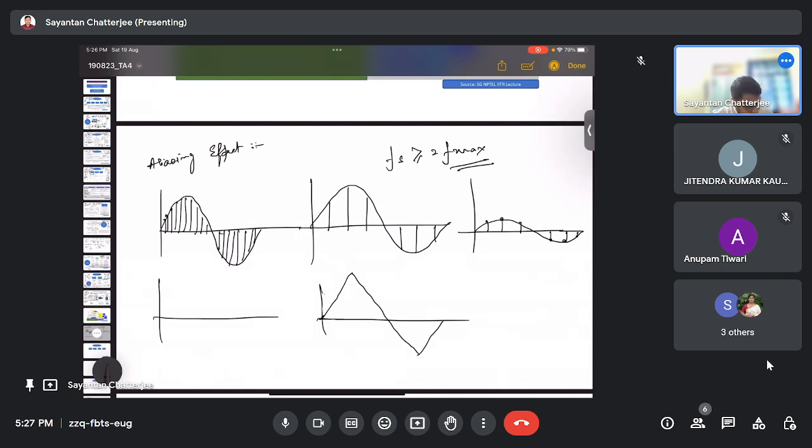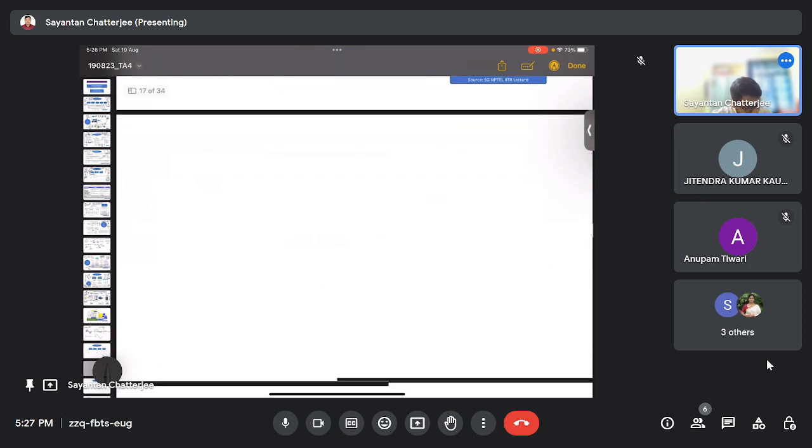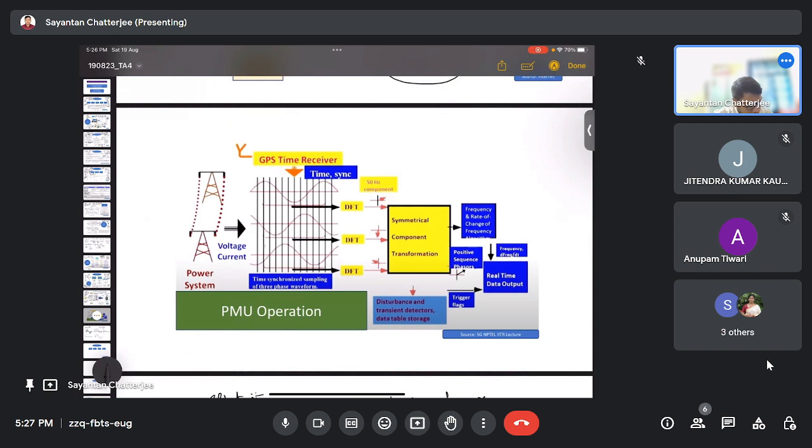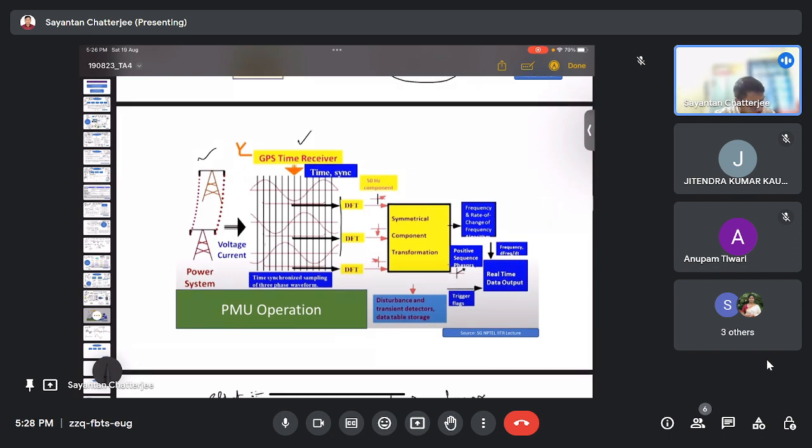So this is the PMU operation. Here is the transmission side, the GPS time receiver side, and based on that, the discrete Fourier transform, DFT, is performed as a phasor estimation technique.